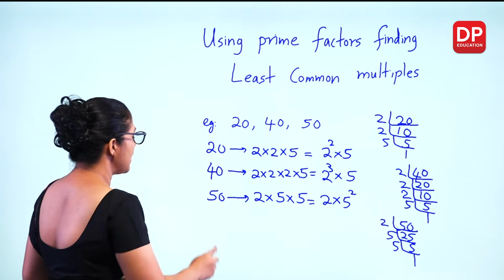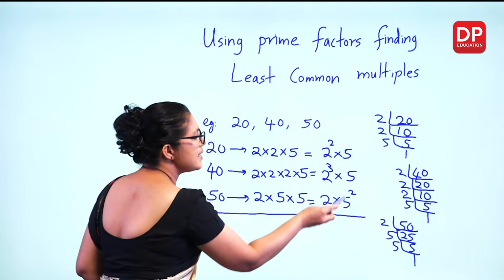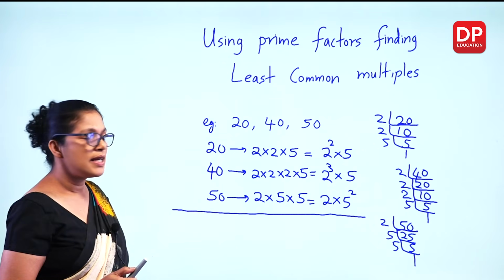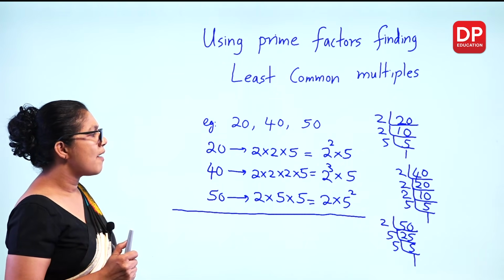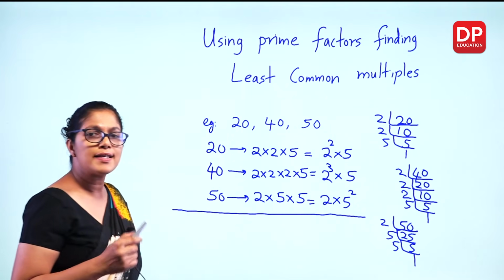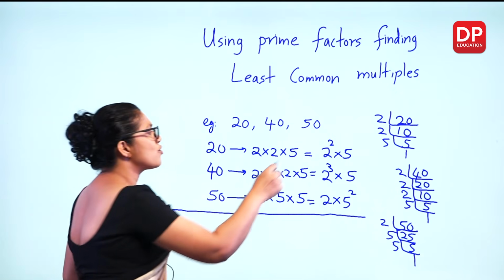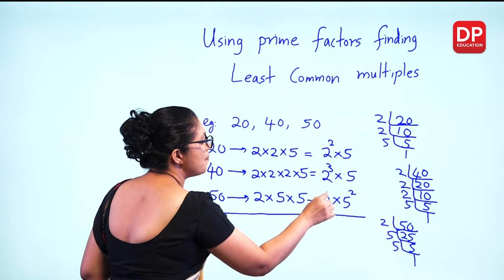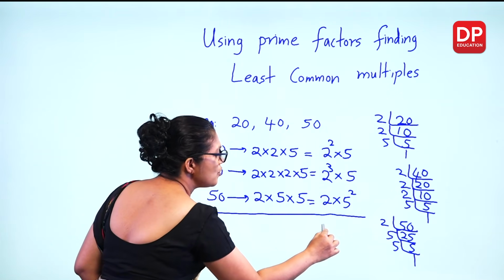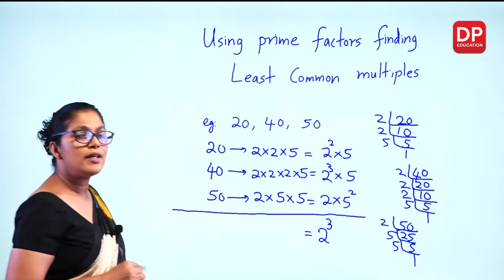Now when you are looking at the least common multiple, look at these numbers and find the highest power. When you take the power of 2, what's the highest power there? 2 to the power 3 is the highest value out of the base 2, so that's the one you have to take.